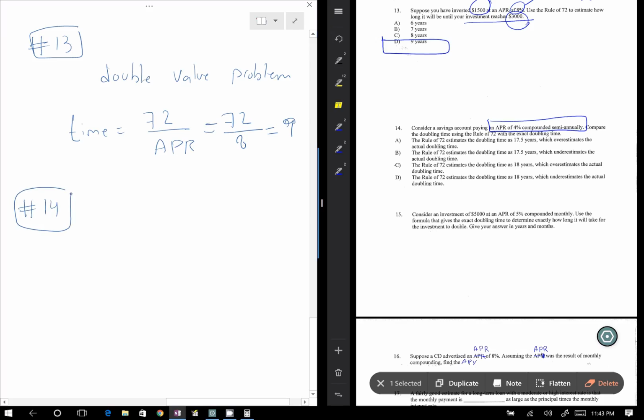I'll do the doubling time, which is equal to 72 divided by APR, which is 4%. 72 divided by 4, that's 18. What's the unit? Years.